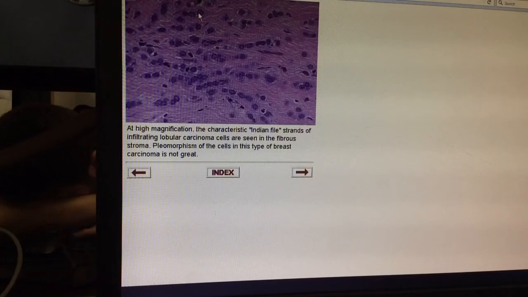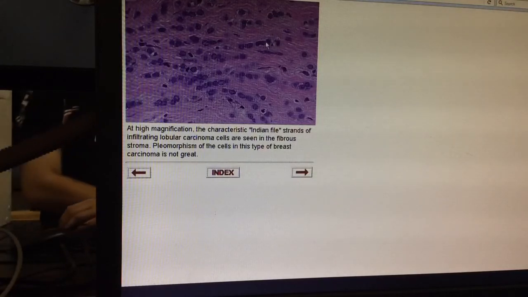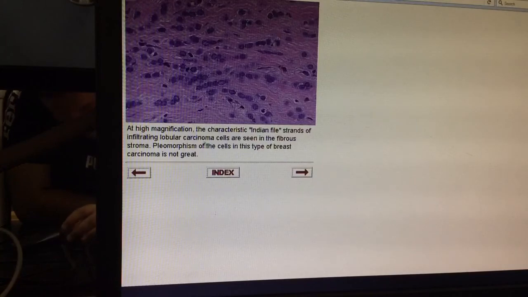Those cells are discohesive and are not usually attached to each other. Usually E-cadherin, which maintains the intracellular connection between the cells, is lost, and when it is lost, the cells are discohesive and infiltrate in this kind of infiltration, which is called Indian file infiltration, and this represents a lobular carcinoma of the breast.